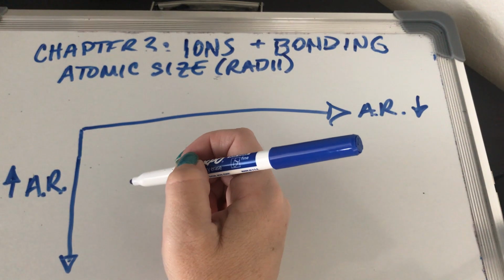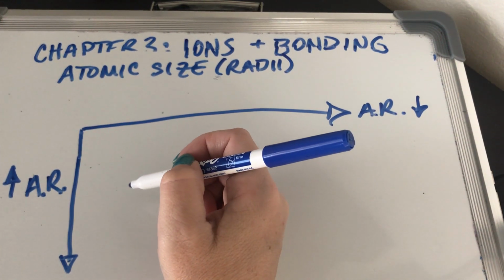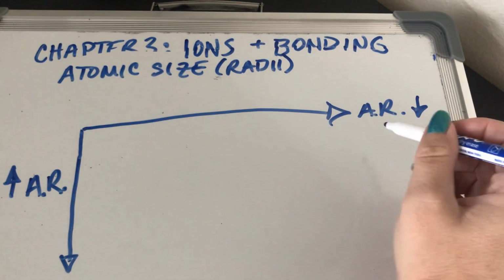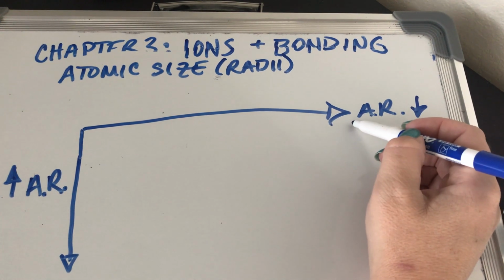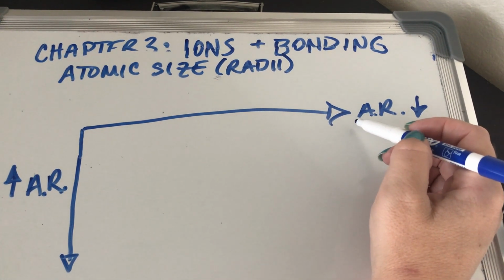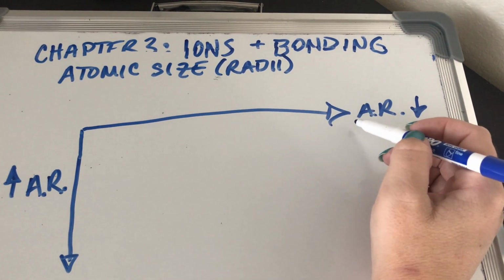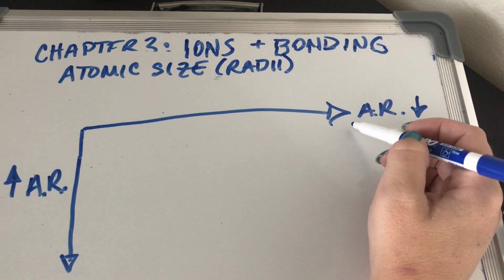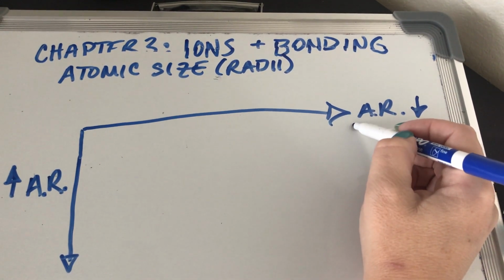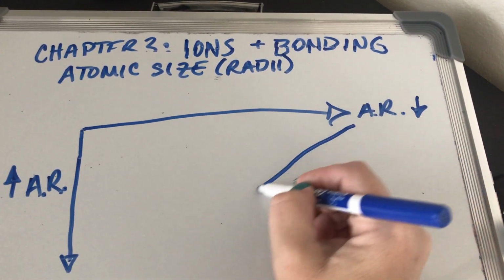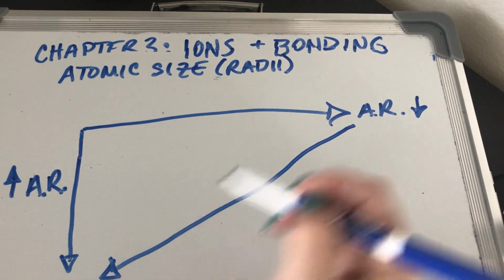So, atomic radii. Who would be the smallest on the periodic table? Without including hydrogen. Fluorine. Fluorine, right? So we'd start up over here, right?